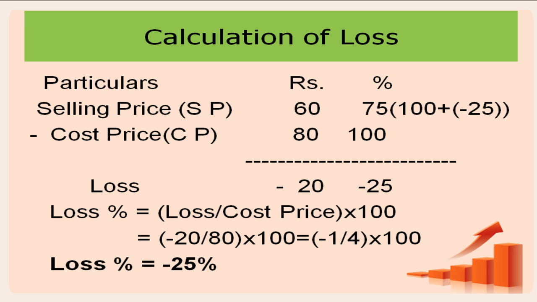Therefore selling price percentage is equal to cost price percentage plus or minus loss percentage. So that selling price percentage is equal to 100 plus of minus 25, that is equal to 75%. In this way we have calculated loss in rupees, loss percentage and also the selling price percentage. Now we are going for the next situation.